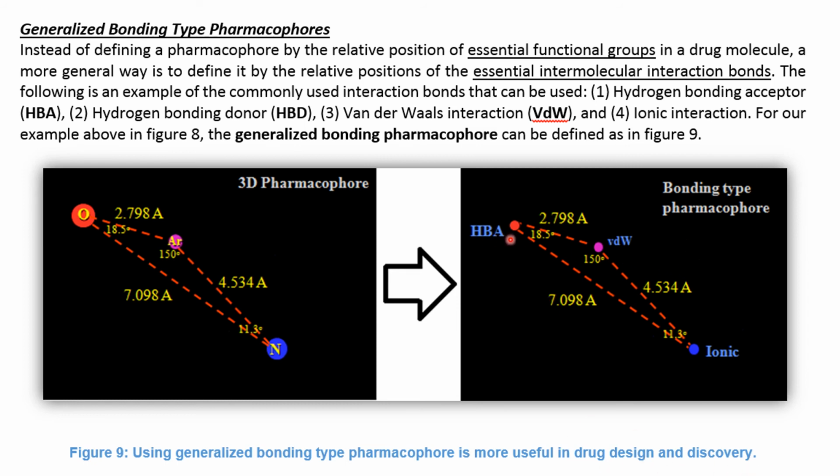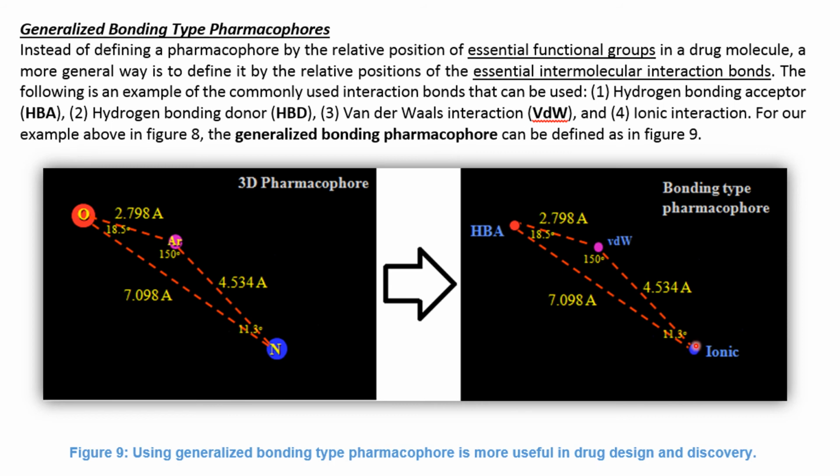The reason is, instead of being strictly tied to the type of the atoms involved, instead of saying we should have oxygen, we should have an aromatic ring here, a benzene, and we should have a nitrogen ammonium group, I could actually say that I need a hydrogen bond acceptor here, which could be an oxygen, a nitrogen, a fluorine, and I need a functional group that can make a van der Waals interaction here, which could be a benzene ring or maybe a naphthalene ring.